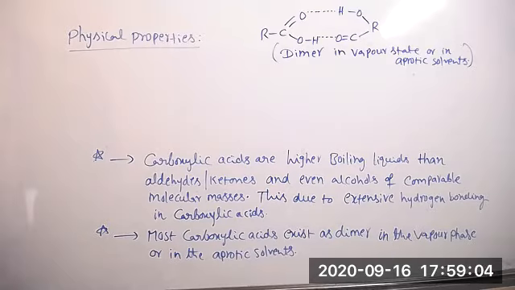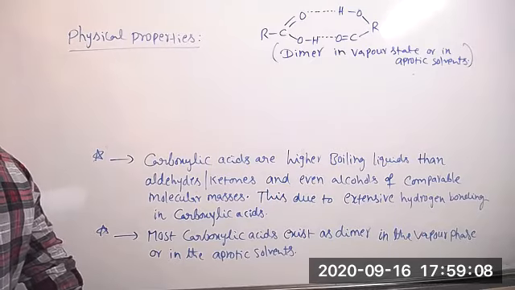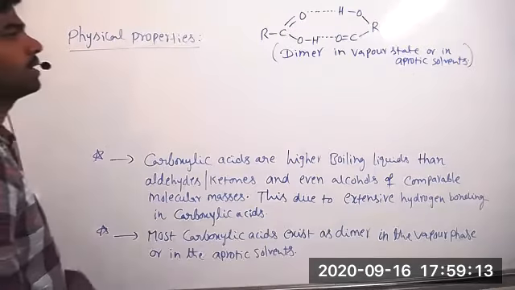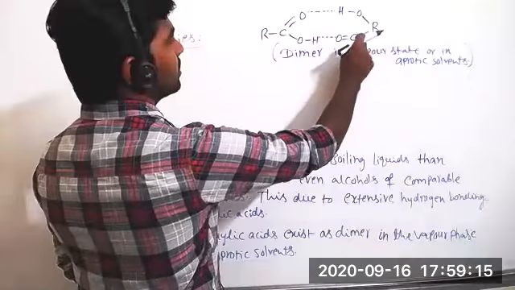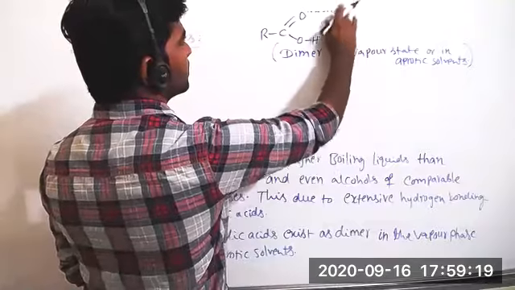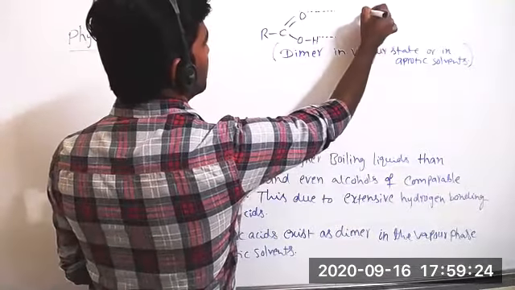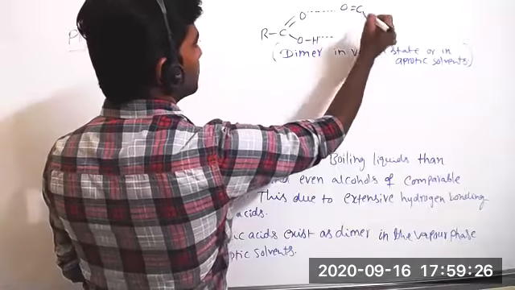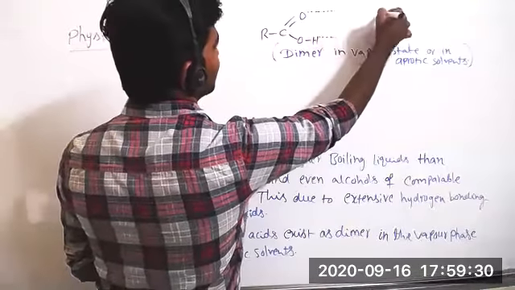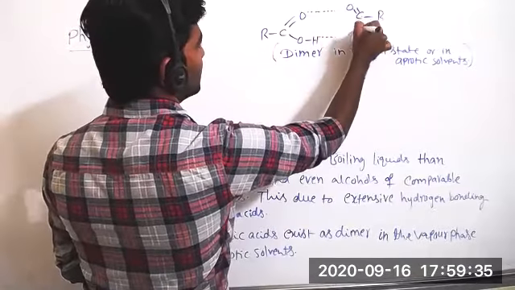Sir, tell me, so their OH is to R or C, sir? Should be to C, no? Where? OH, sir, yes. Wait, just wait. This is R bond, C double bond O. This is OH.